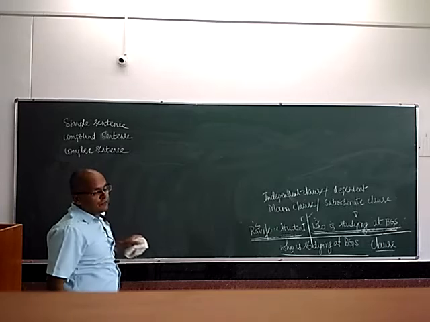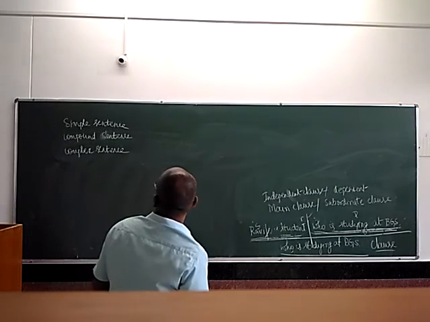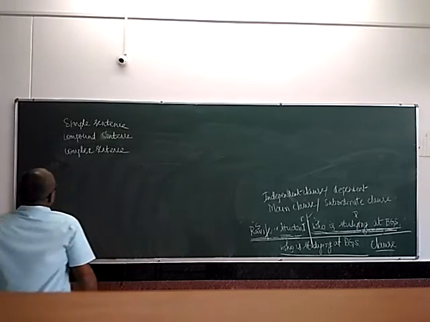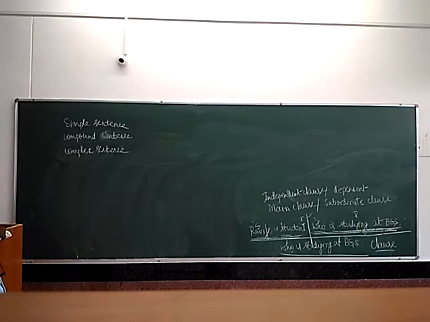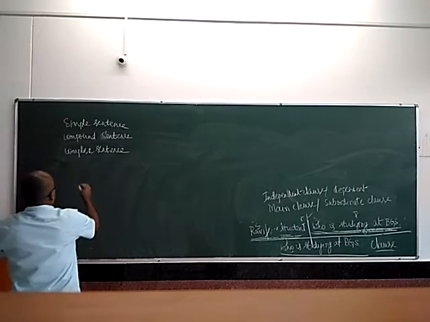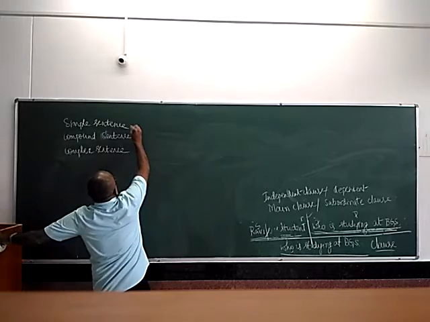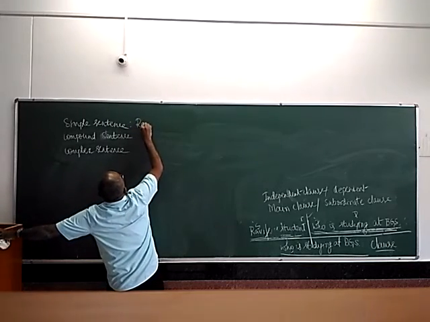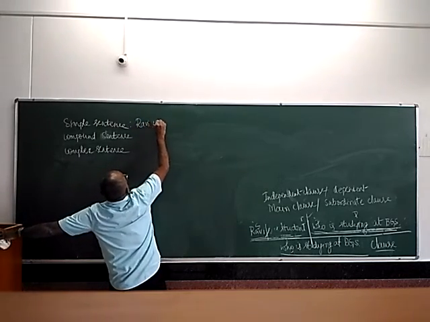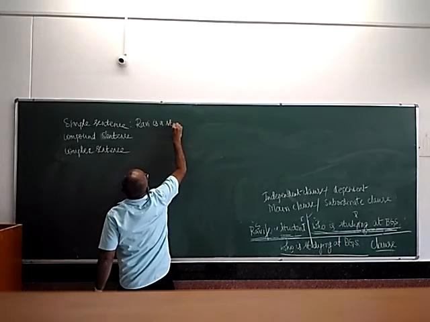There you study three or four different types of sentences based on function. Here, based on structure, we are going to study three different types of sentences: simple sentence, compound sentence, complex sentence. As I told you already, say, Ravi is a student.